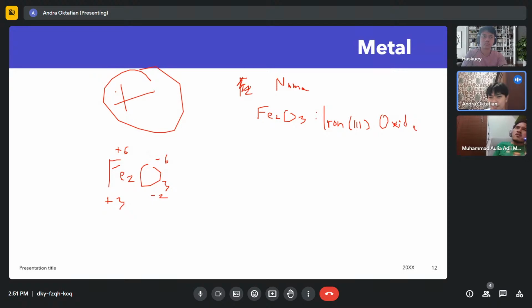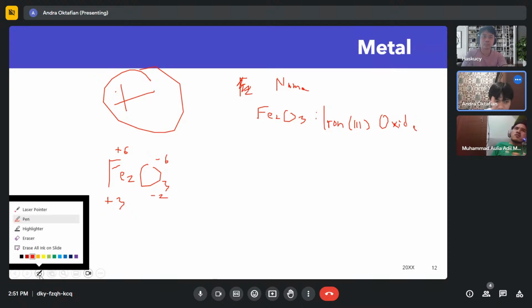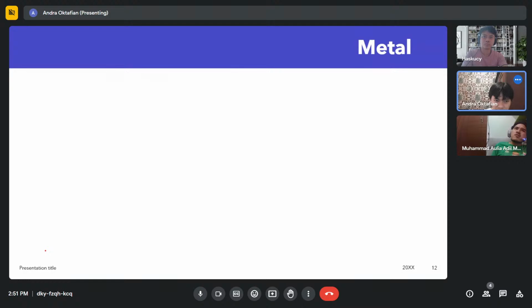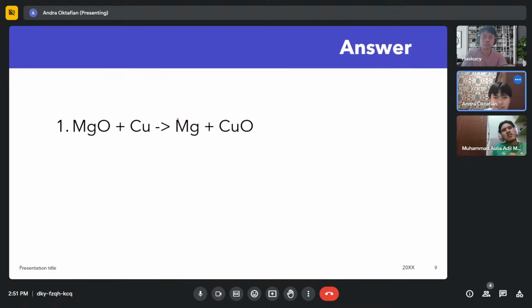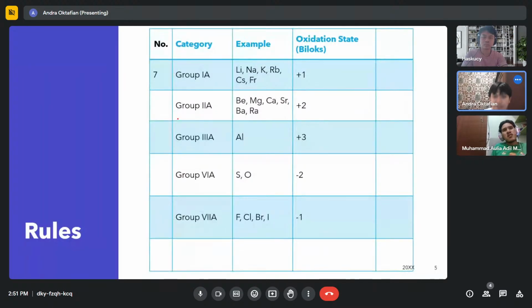Another example, SnCl4. What does Cl mean? Chlorine. You see, chlorine from the table will be -1.